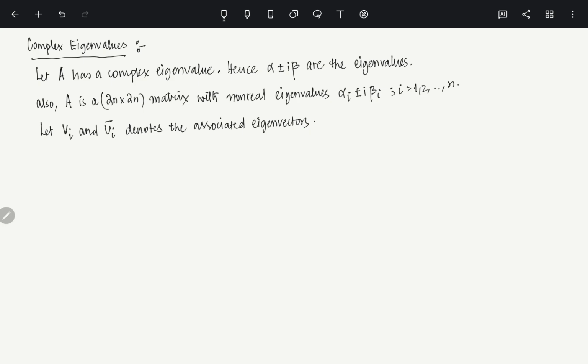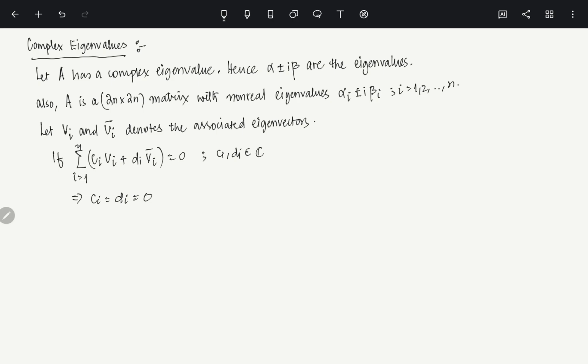Now the thing is this: if, let's say, the summation of Ci Vi plus Di Vi bar is 0, i equals 1 to n, and Ci, Di are complex numbers, then that will imply that Ci equals Di equals 0, right?